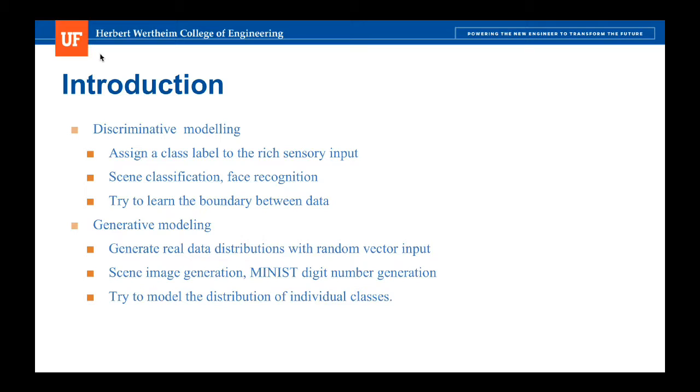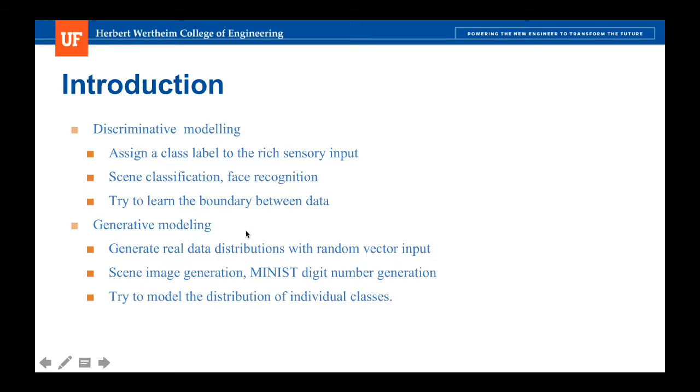Generally, we have discriminative modeling and generative modeling in machine learning. The discriminative modeling aims at assigning a label to the input, such as scene classification and face recognition task. It focuses on finding the boundary between the dataset.